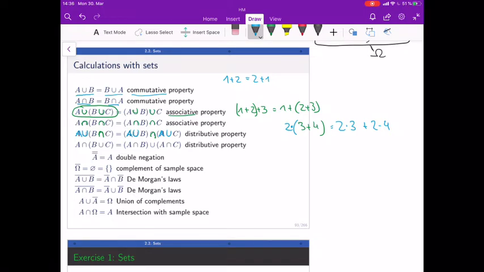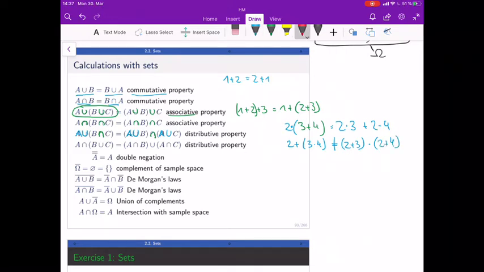Interestingly, this one's probably still fairly intuitive. With the intersection and union symbols, it goes both ways. So what we can't do with numbers, this one here, which is definitely not this one, I just write it down.